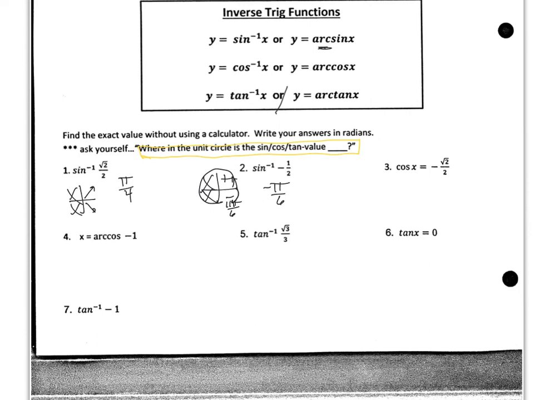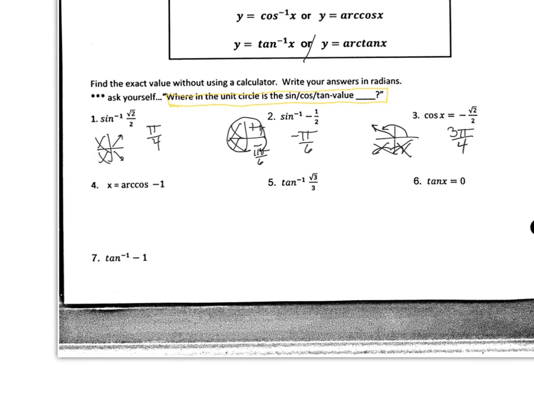Where does the cosine equal negative radical 2 over 2? Well, cosine is different. Cosine is not allowed here and here. So cosine's negative over here. So we look at that quadrant on the unit circle, and that would be 3 pi over 4. Where does the cosine equal -1?